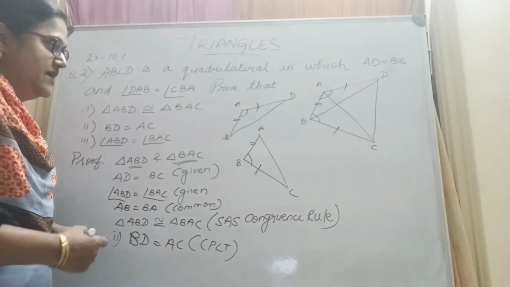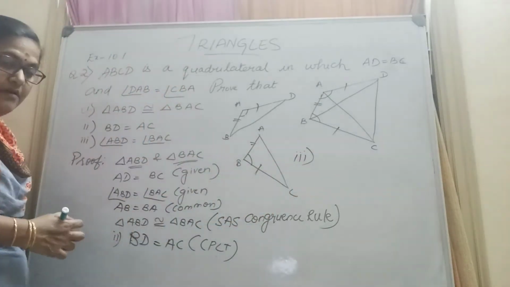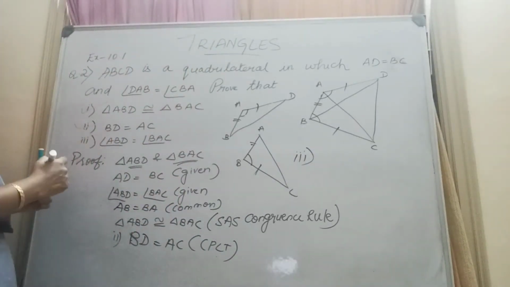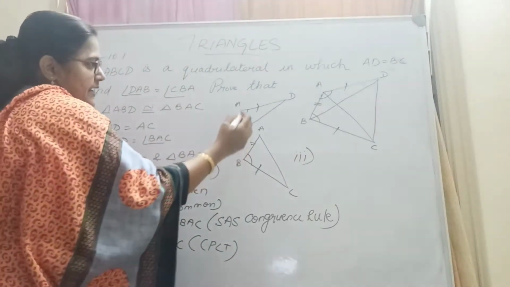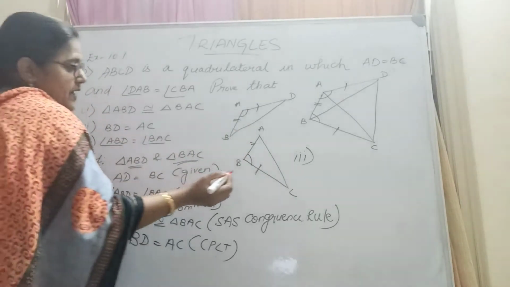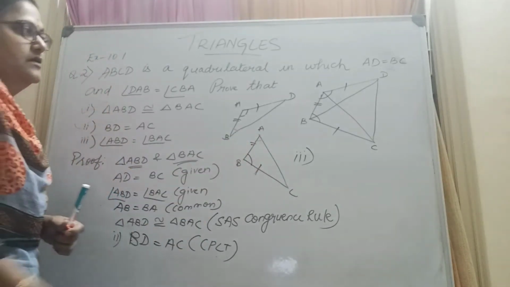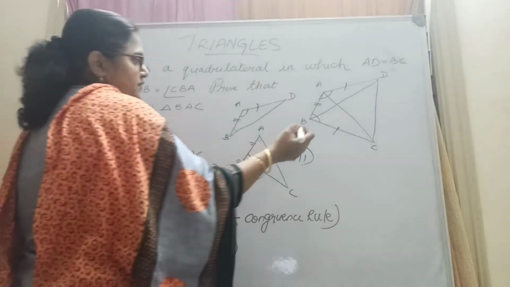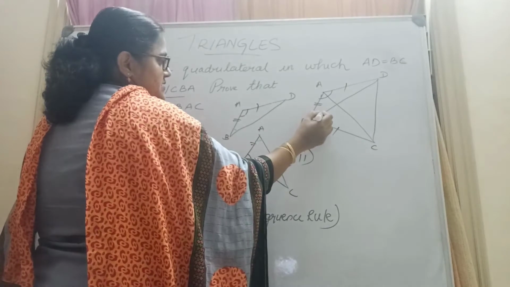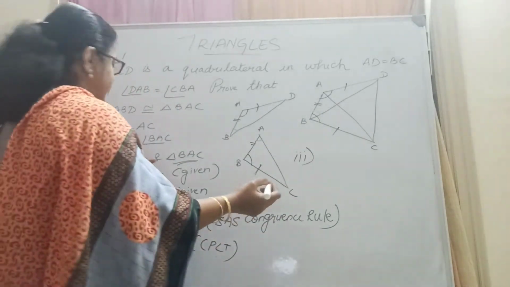Okay. Now the same way, the third one, that is angle ABD, this angle, should be equal to angle BAC, that is this one. Right? Now if I mark it in the actual figure, angle ABD, this angle, is equal to angle BAC.